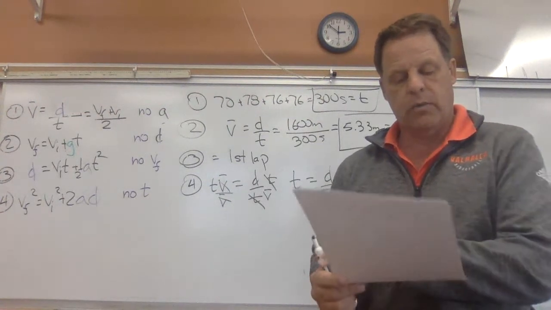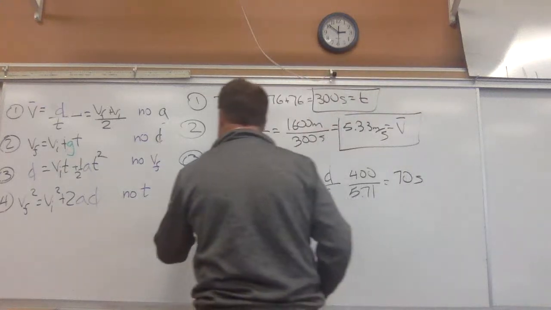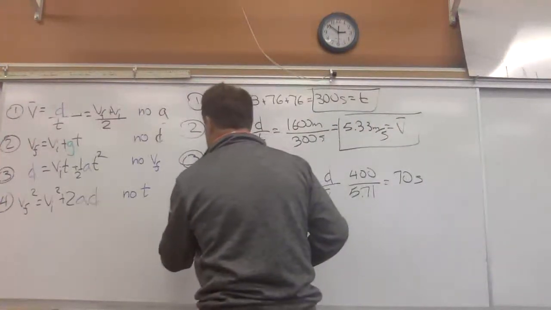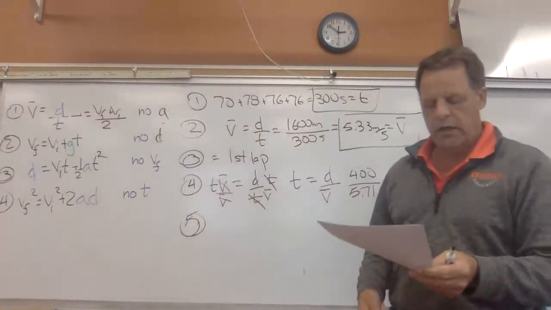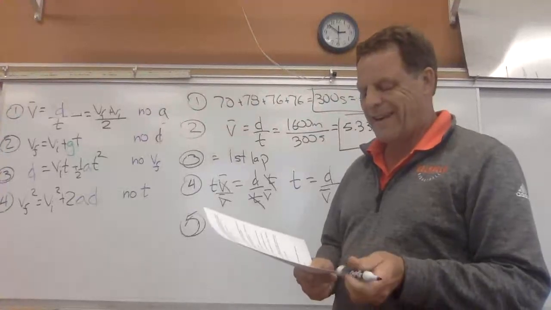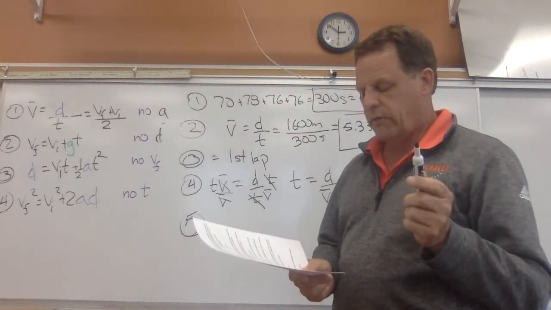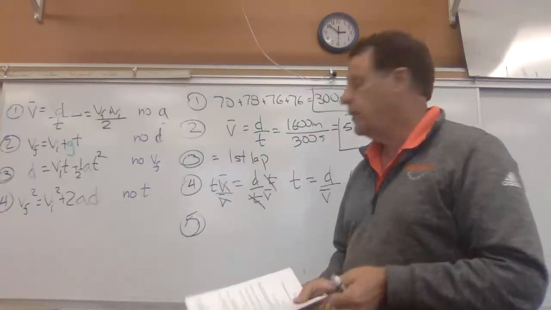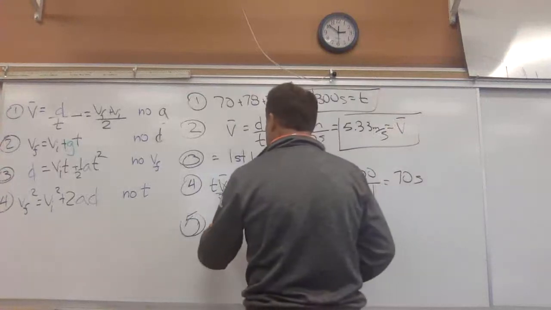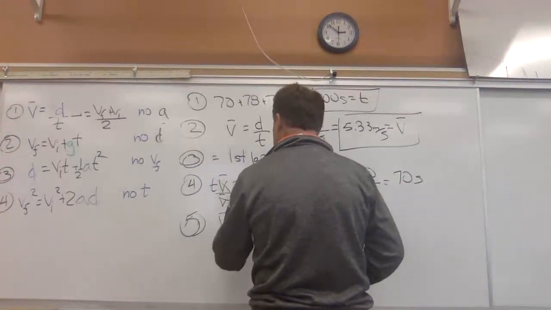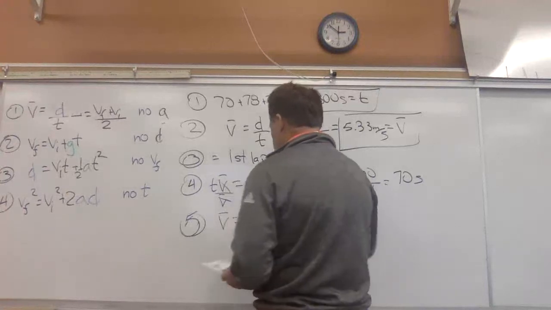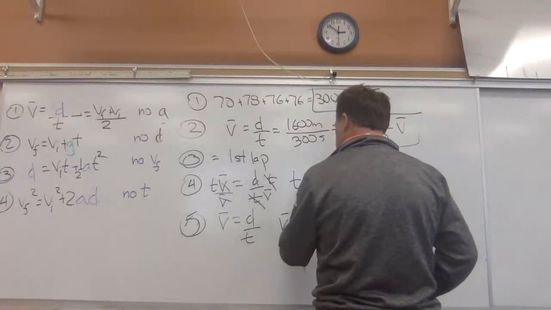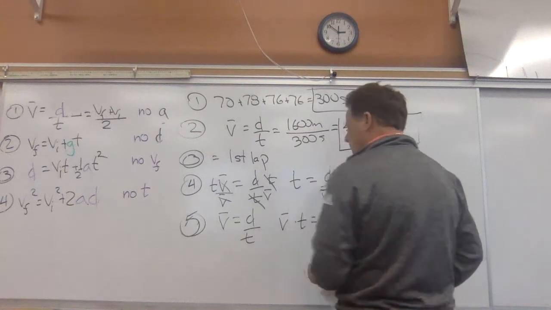Now we're going to have question number 5, which is a variation on this question. It says, if the third runner does not finish the race, but ran for a time of 200 seconds at an average velocity of 6 meters per second, how far did they go? Again, average velocity is equal to distance divided by time, and we want to solve for displacement. Average velocity times time is going to be distance.